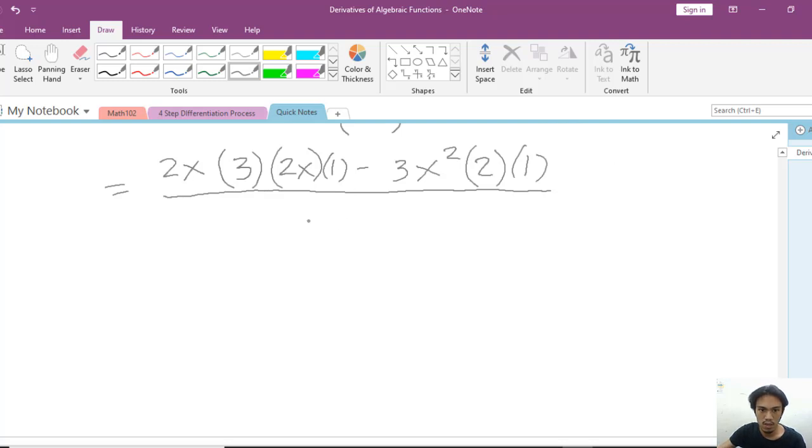It should be 2x, the quantity raised to 2.